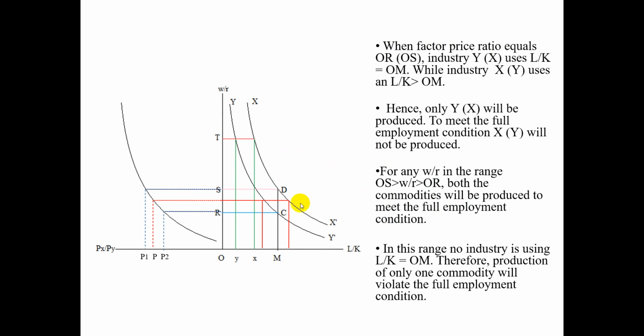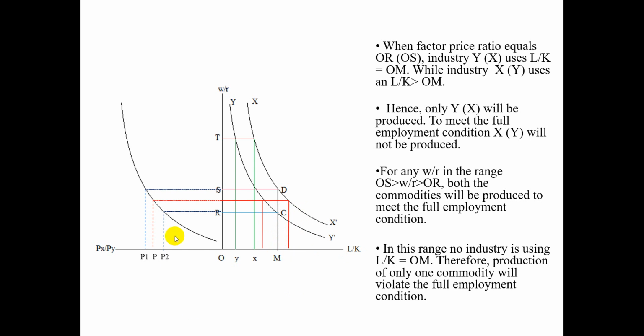Now, when the wage rental ratio is exactly equal to OR, what happens? Following the blue line, we find that the Y industry will be using the labor capital ratio OM, and if you extend this, then the labor capital ratio used in industry X will be more than OM. This is not possible if we want to meet the full employment condition.